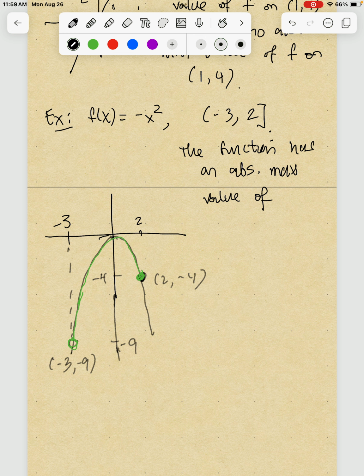It's actually 0. If you look at how high this parabola goes, the highest is this point here. This is 0, 0. The biggest y value is 0, and this is achieved at x equals 0.